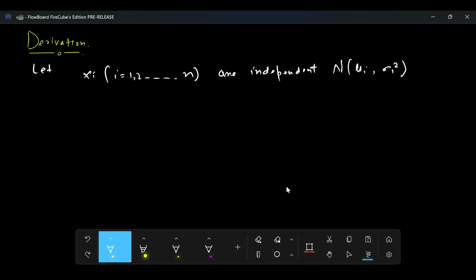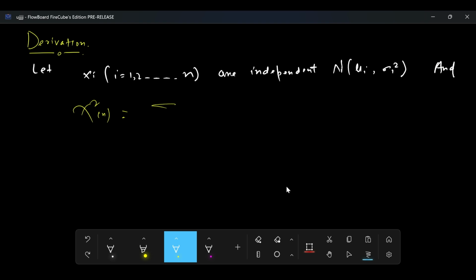Xi is following normal mu i comma sigma i square, and what's chi-square n? As you remember, that is summation i is equal to 1 to n of xi minus mu i upon sigma i whole square.